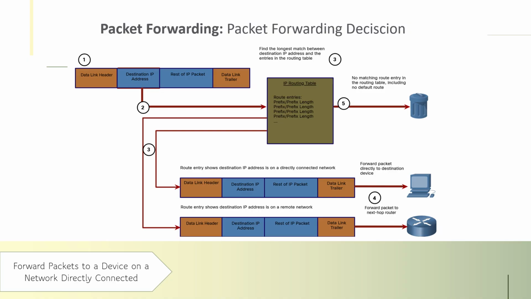Now how does it make the decision to send the packet to the next hop router? This happens if the route entries indicate that the destination IP address is on a remote network. This means that the destination IP address of the packet belongs to a device or network that is not directly connected. Therefore, the packet must be forwarded to another router, specifically a next hop router. The next hop address is indicated in the route entry.